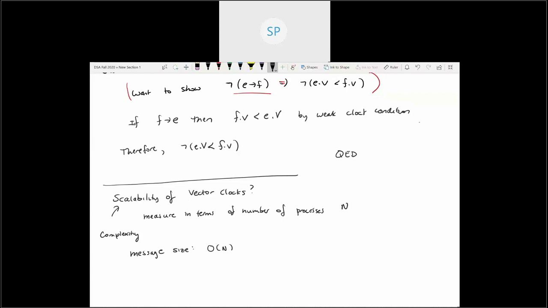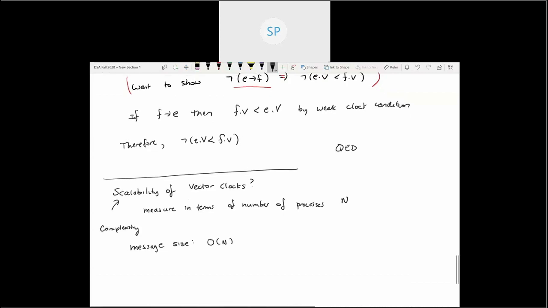I'm not quite sure what you're saying by the number of additional messages, or what's m in your case here? Oh, about the caps. Okay. I'm not sure what m is here, but we're just going to count the number of things in the message, the number of numbers in the message, and it's O of n. So that's the one thing we want to measure.